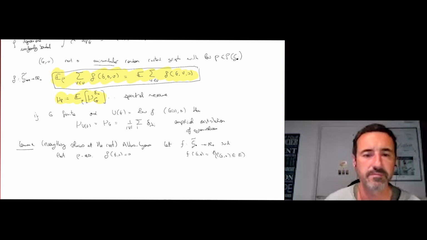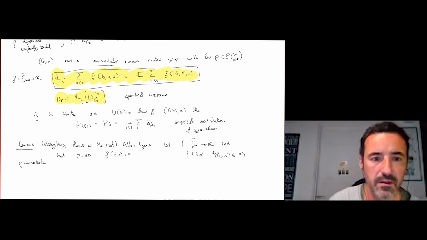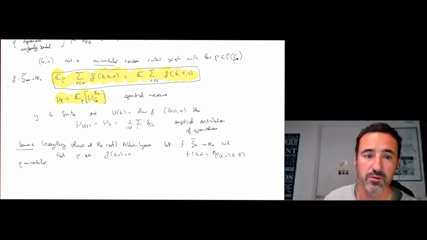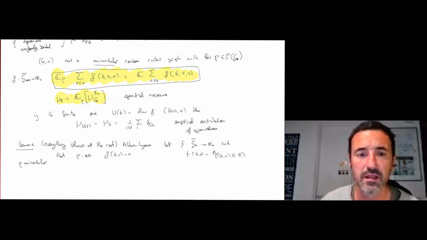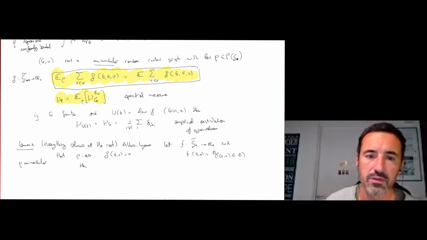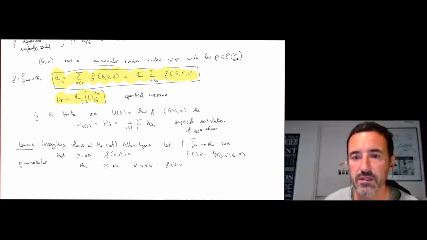This is an example. And rho is unimodular. So imagine that you have a unimodular random rooted graph, and you have found a function so that rho almost surely the function is 0 at the root. Then rho almost surely, for all vertices v of the graph, f of (G, v) is 0.